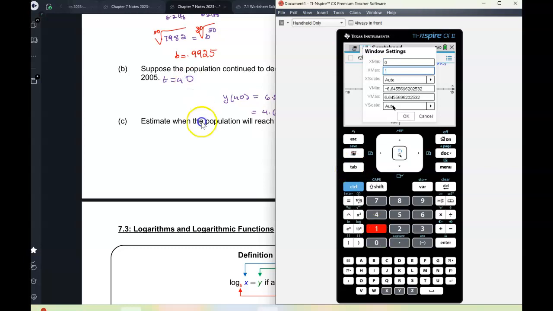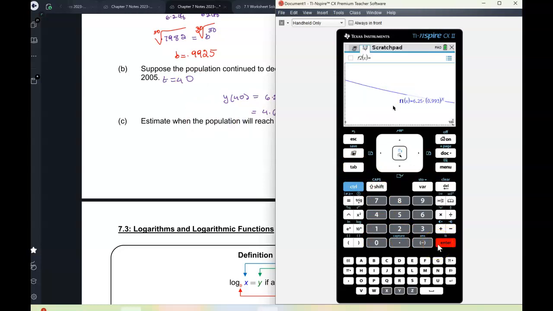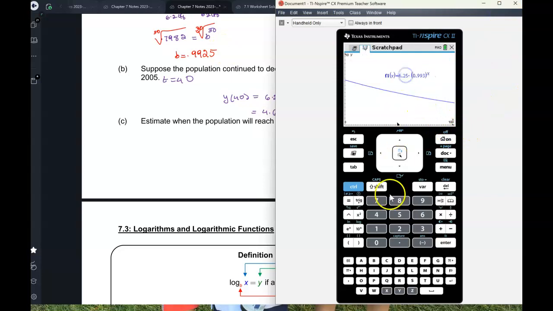I want to go 100 years. All right, and let's go from 0 to 10 here. I just want to make a pretty graph. Okay, that's a prettier graph.